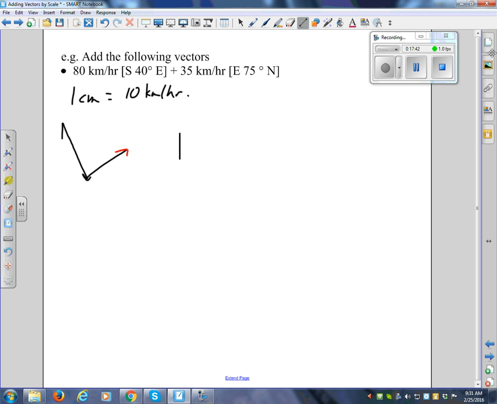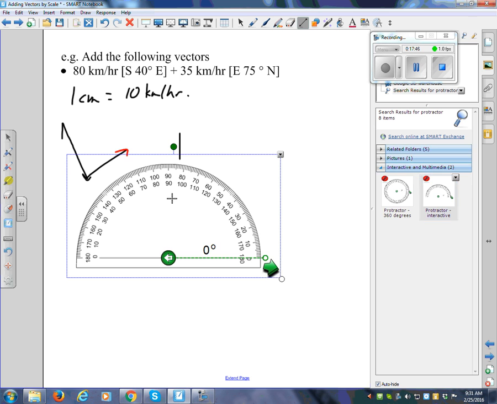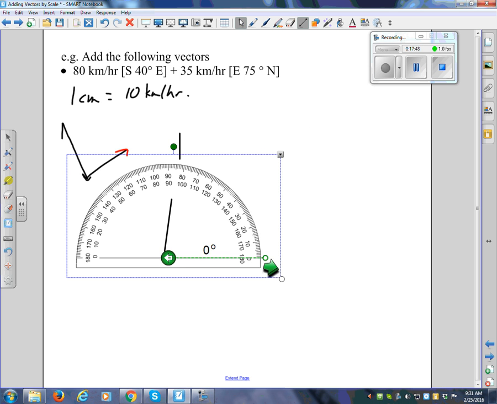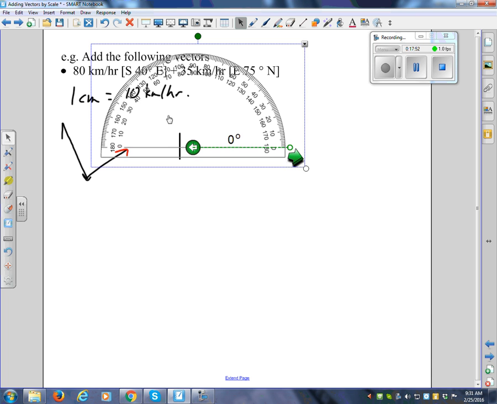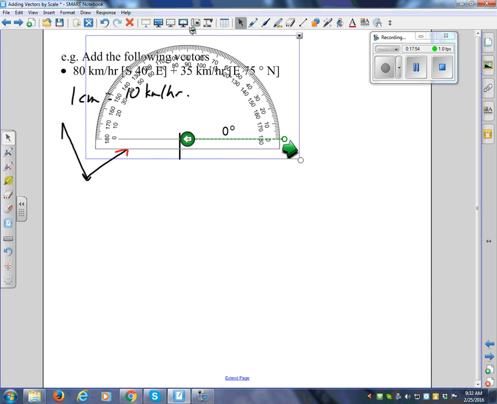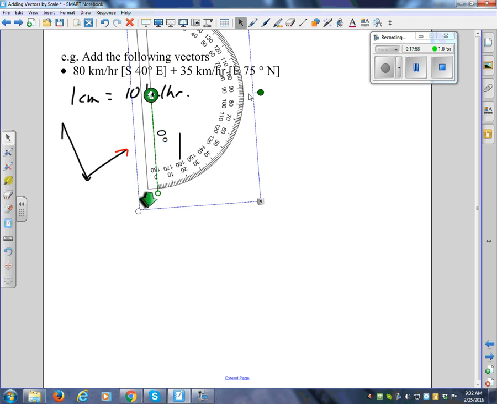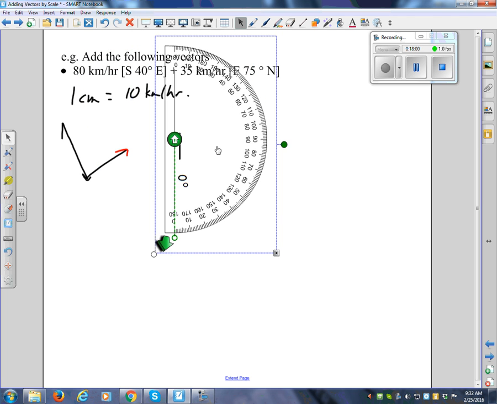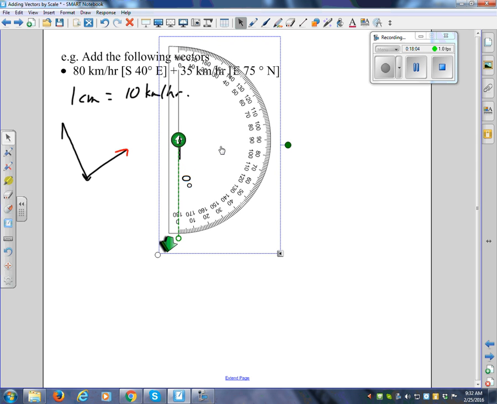Okay. Now, I saw a couple of people that were measuring from... Okay. Measure from this end here. South, right? Don't put it like this. Put it from here. That line's marking south.